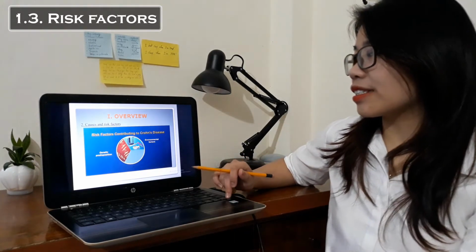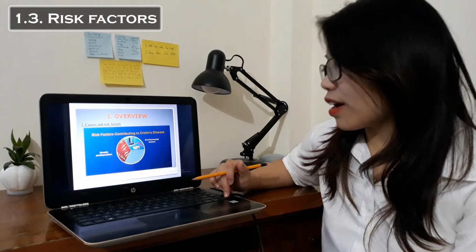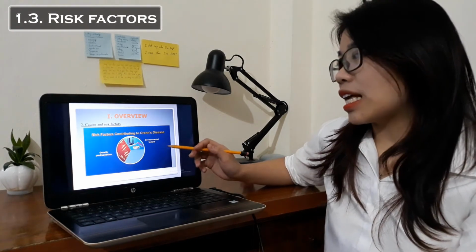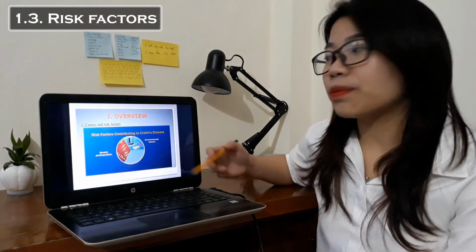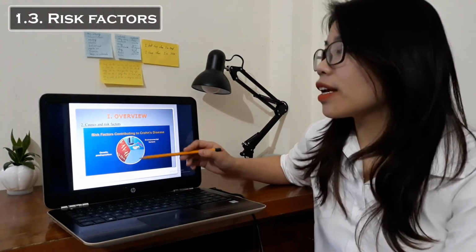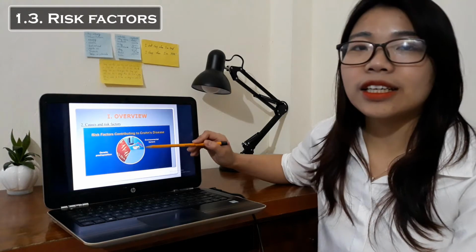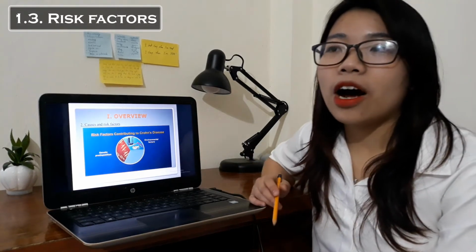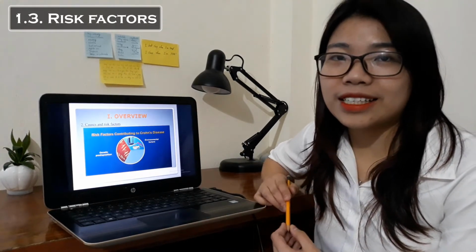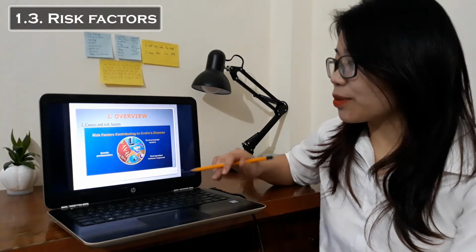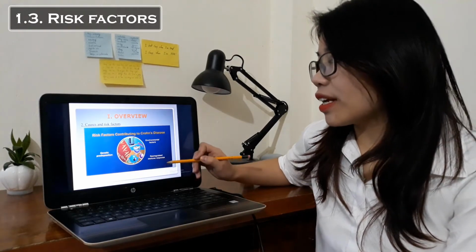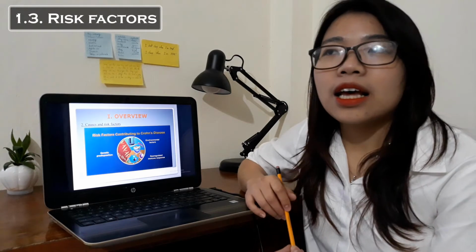The second factor is environmental factors. Things like pollutions of where you live, smoking, the food that you eat, the medication that you use, all of them are the risk factors of Crohn's disease. And the last one is dysregulated immune response.